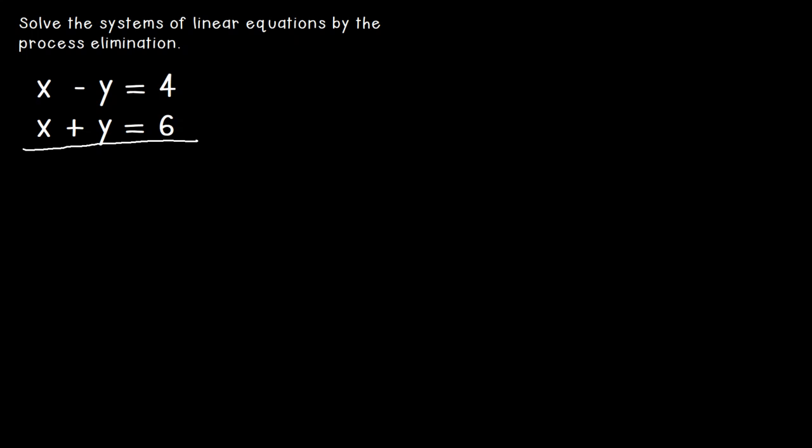Now notice the y's here. We have a plus y and we have a minus y. We know that if we combine a number or a variable and the negative of that variable, these will become 0 and thus be eliminated. And that's what we ultimately want, for them to be eliminated, because then we will only have x left.